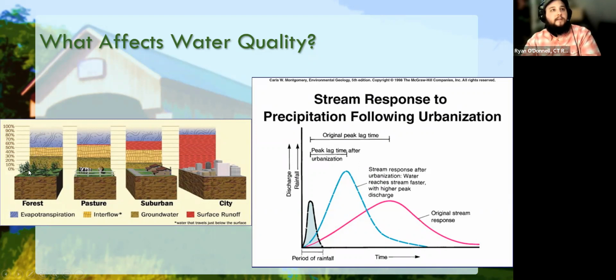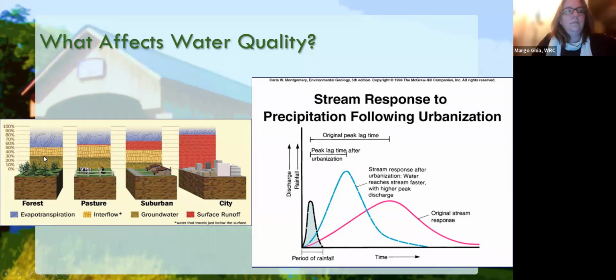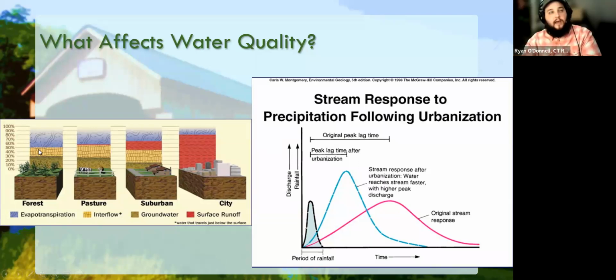In the forest, you get evapotranspiration, which is the combination of plants taking up the water, called transpiration, and evaporation. They're kind of hard to tease out, so we tend to lump them together. The yellow and brown are different types of groundwater flow, shallow and deeper groundwater.